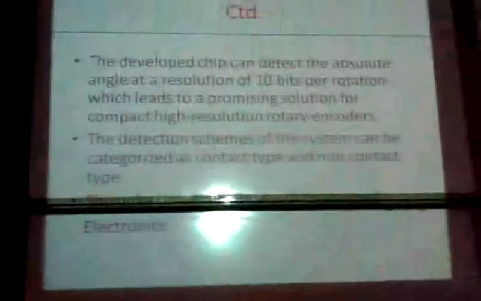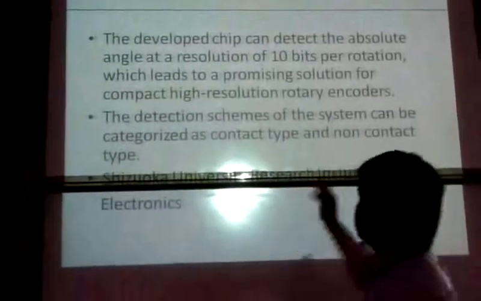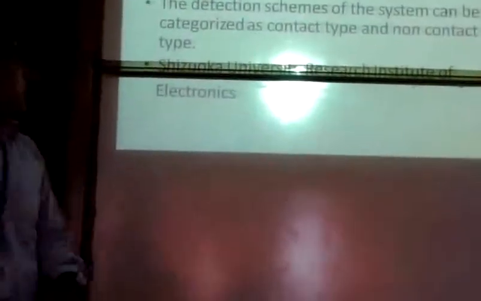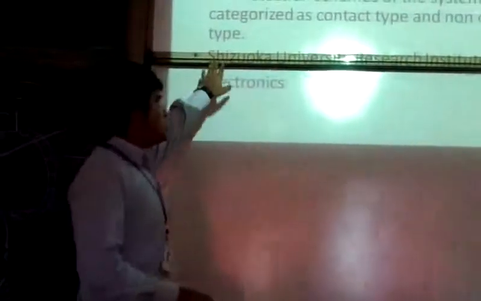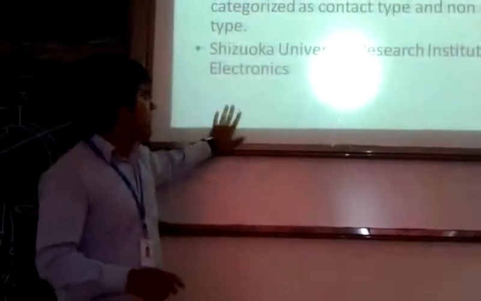So this is a magnetoresistive sensor, and the chip can detect a resolution of 10 bit per rotation. The detection scheme of the system can be categorized into contact type and non-contact type. This sensor was developed by the Suzuki University Research Institute of Electronics.